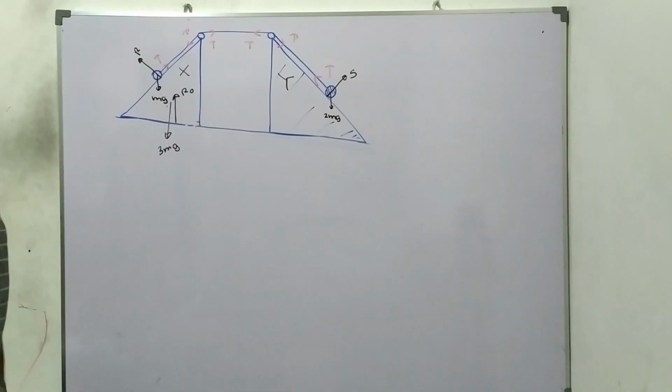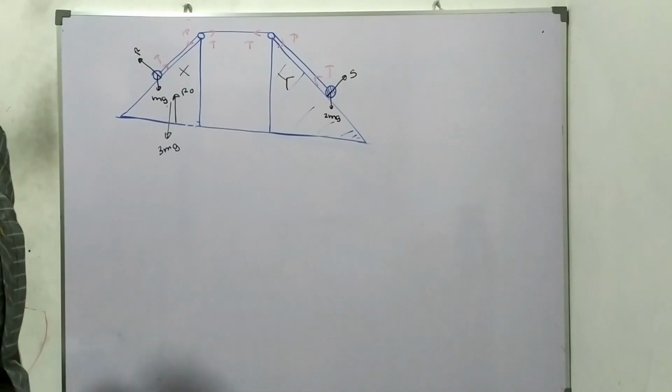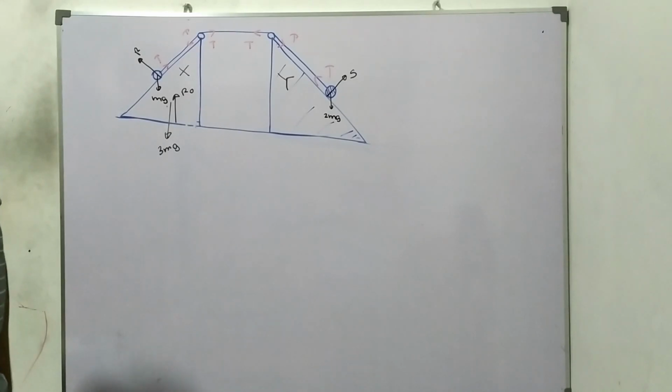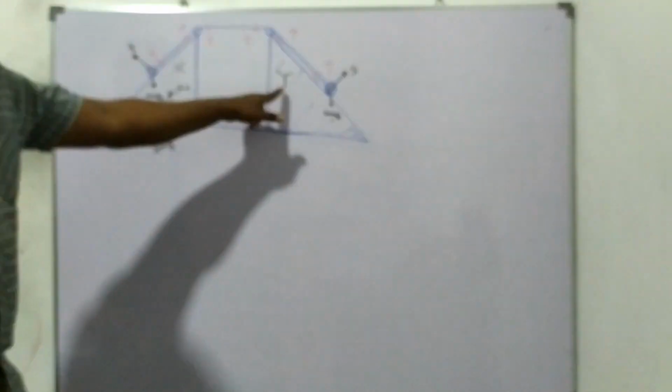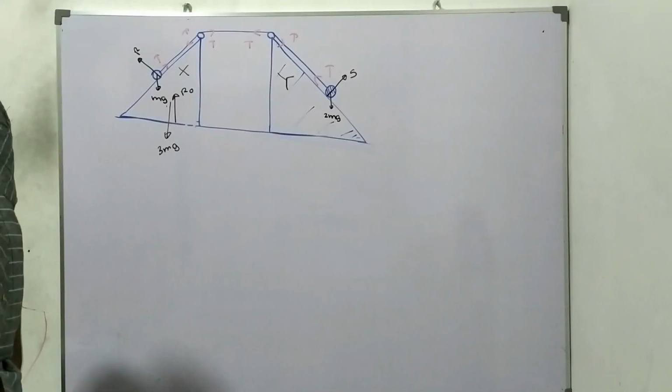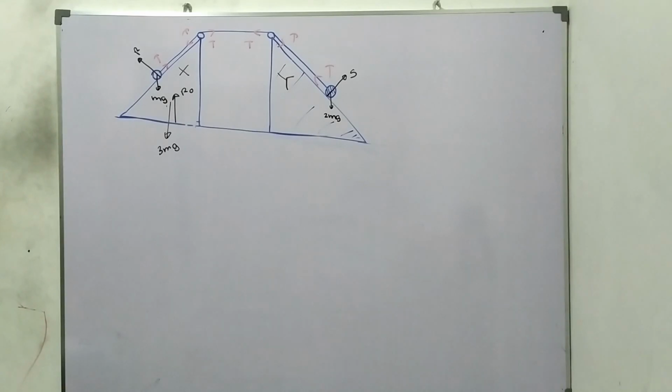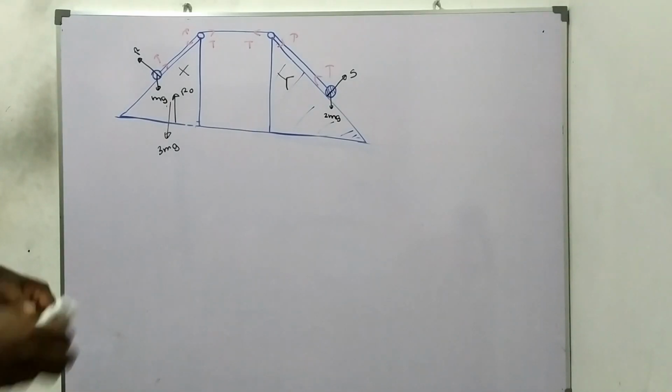The triangles ABC and LMN in the figure are vertical cross sections through the center of gravity of two identical smooth uniform wedges, capital X and capital Y respectively, with angle ACB equal to angle LMN equal to 60.